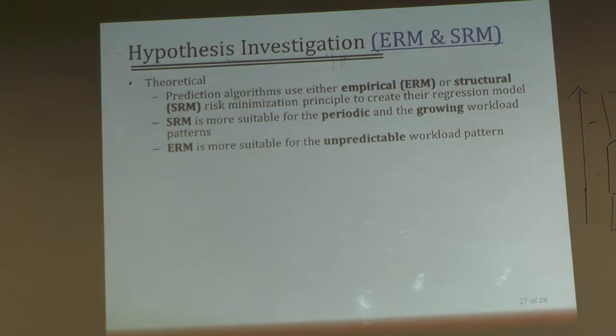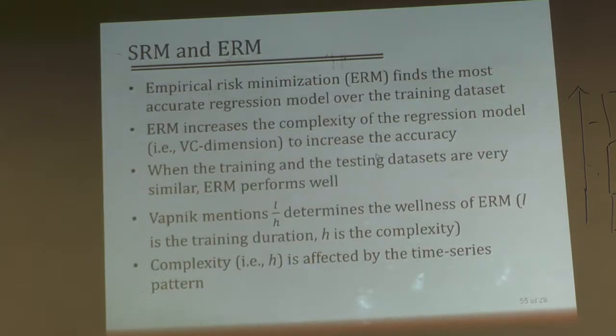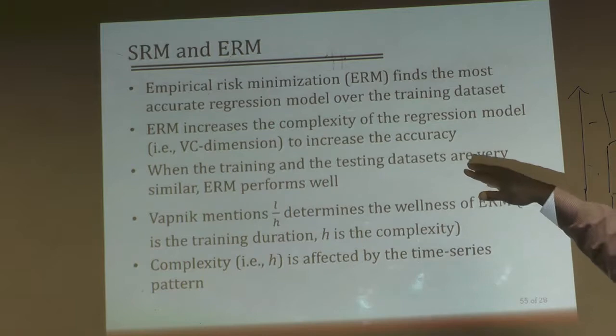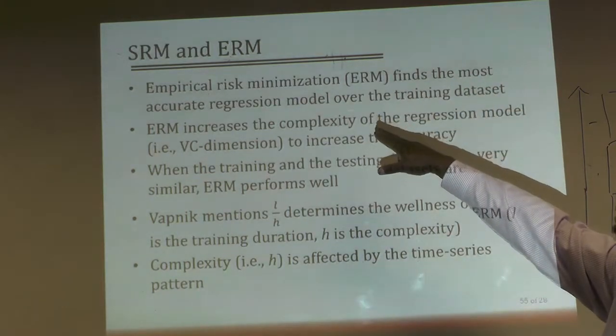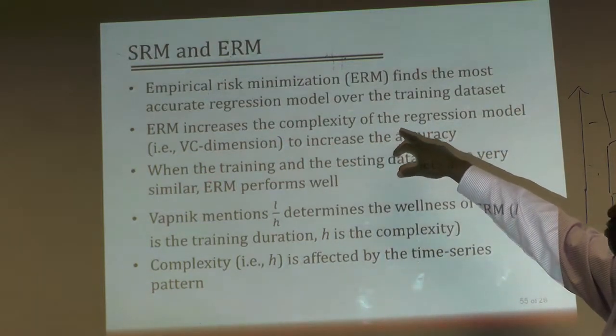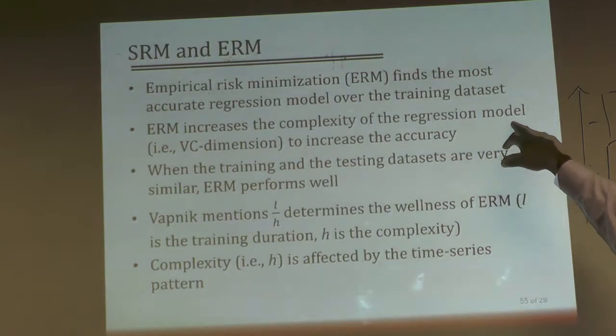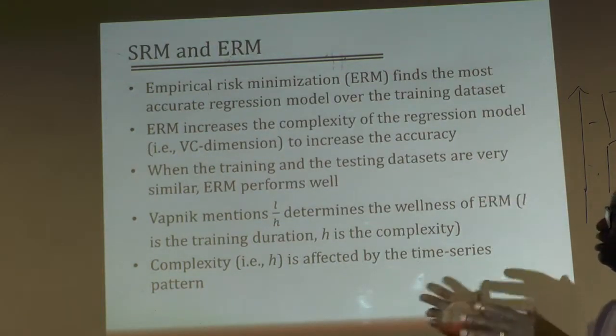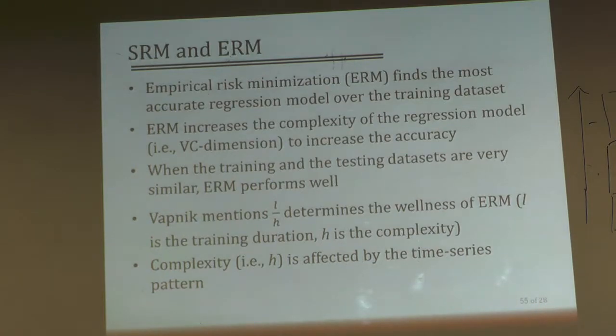Okay? Now, maybe a little bit of theory here before we move on. Empirical risk minimization finds the most accurate regression model over the training data set. Also, ERM increases the complexity of the regression model. This is referred to as the VC dimension. I will not go into the mathematics. And this is done to increase the accuracy. Now, when the training and the testing data sets are very similar, ERM performs very well.